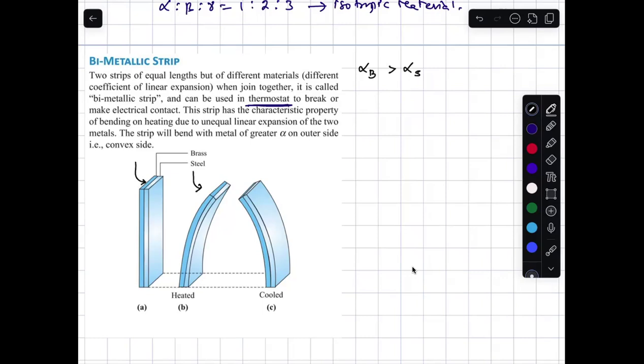On heating, the strip will bend with the metal of greater alpha on the outer side, the convex side. On cooling, the metal with the greater alpha lies on the concave side. That's the principle upon which a bimetallic strip is used.